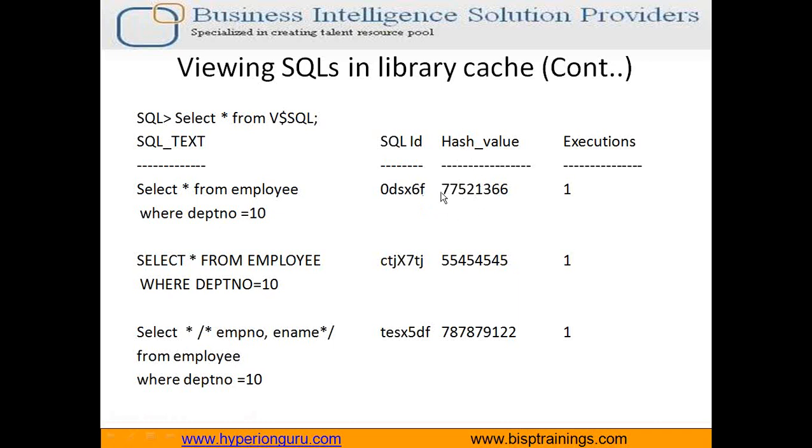Oracle internally checks whether it is in the library cache based on the hash value. These are all internal things. And the executions: how many times you have executed. If you executed the same select statement twice, the value under the executions column is 2. If 4 times, it will show 4 like this.